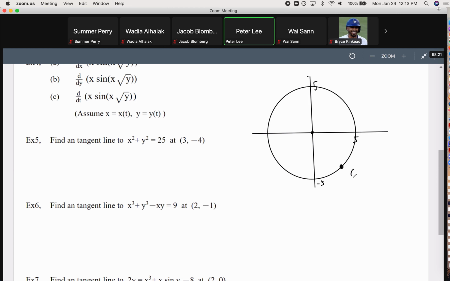That's the point (3, negative 4). It's something like that, so approximately the point (3, negative 4) is there. Let me just write this down: this one is going to be (3, negative 4).